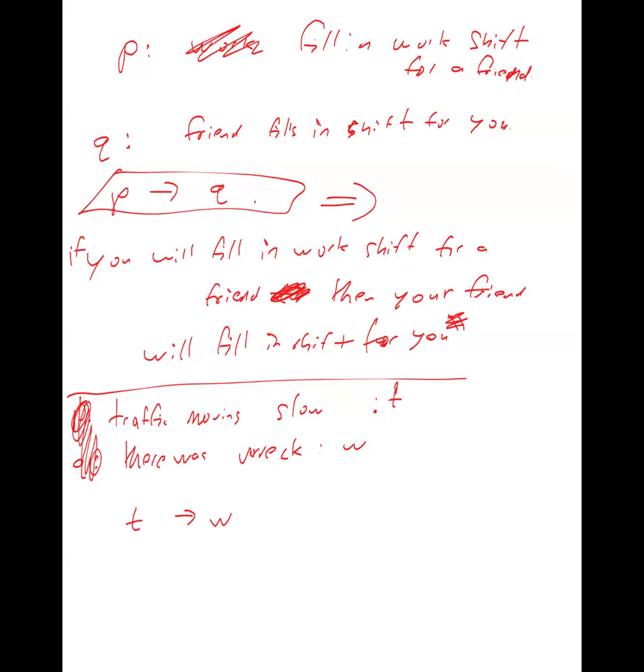But I think it'd be more true to say that if there was a wreck, at least on Kellogg or something, then the traffic would be moving slow, right? So this is probably not always true, but this is more true though. Depending on where it is, but especially on Kellogg, this is more often true.